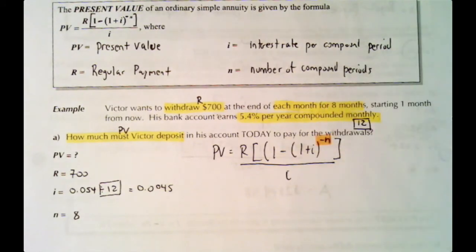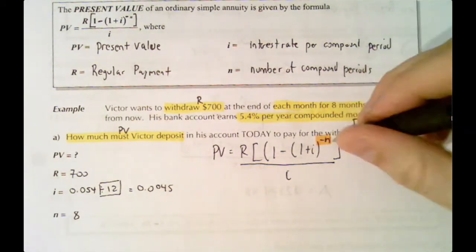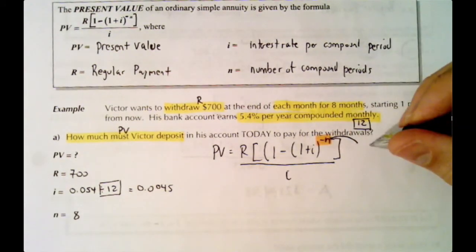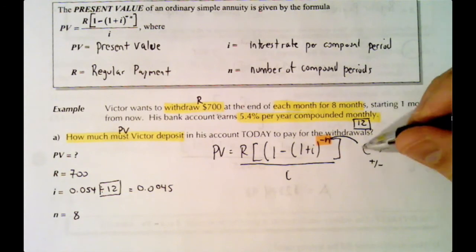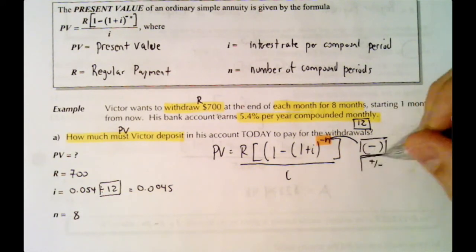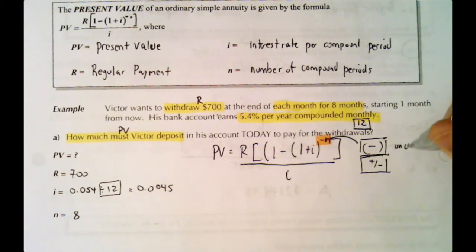Don't forget it's negative. When you use your calculator to get the negative n, you must use that negative sign in a bracket or that plus minus sign on the calculator. It's one of those buttons. If you use subtract, it may not work. So be careful.